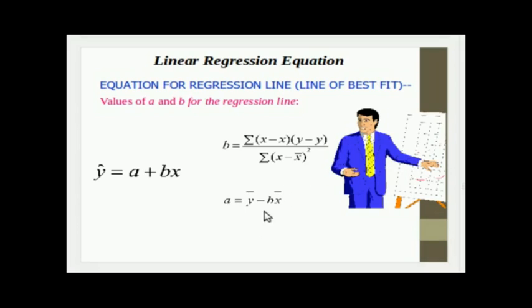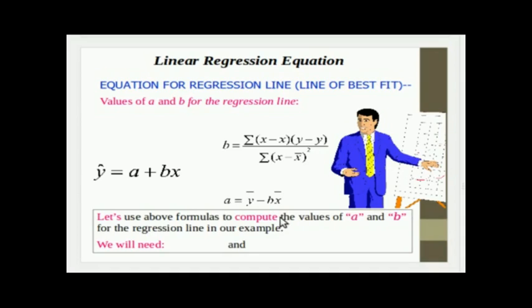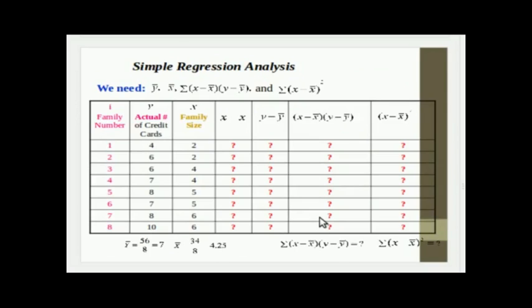To calculate a, that is the y-intercept, we need the mean value of y, that is y bar, minus the slope coefficient times the mean of x. To calculate the values of a and b, it will be better to put the required values into a tabular format for better understanding. So on the next slide, we will see the tabular format.